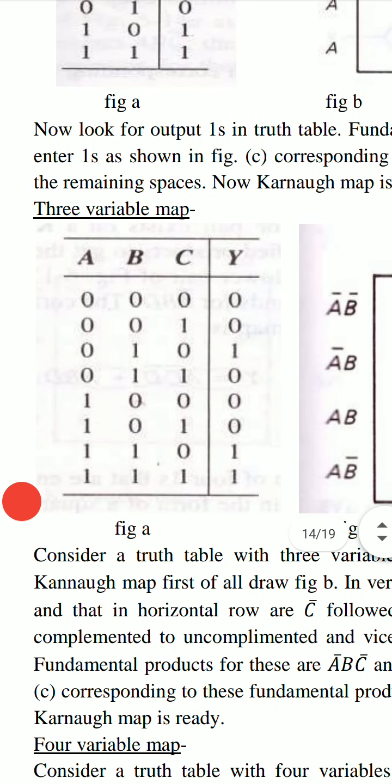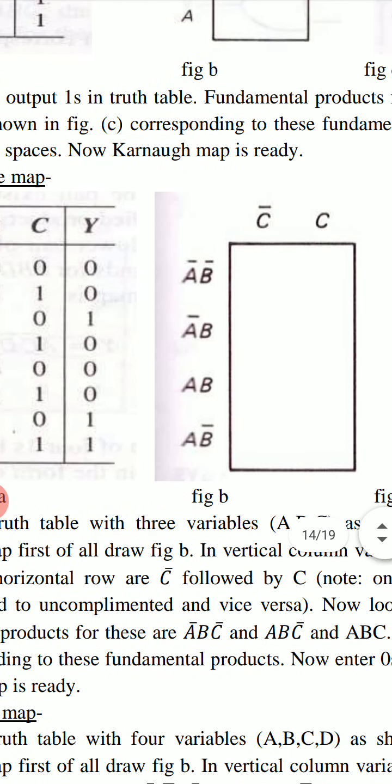If we have three inputs A, B and C, we will use a three variable map. This is any given truth table for three variables A, B and C. The Karnaugh map is constructed in this way.